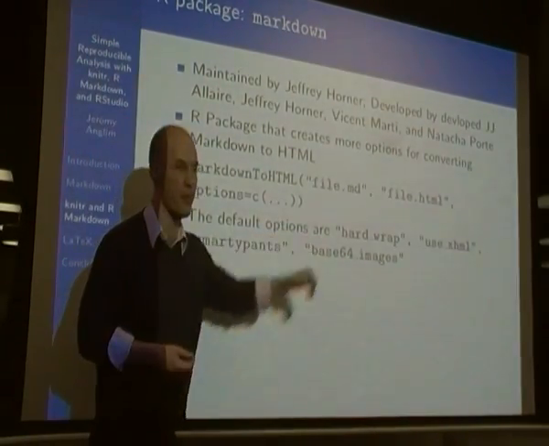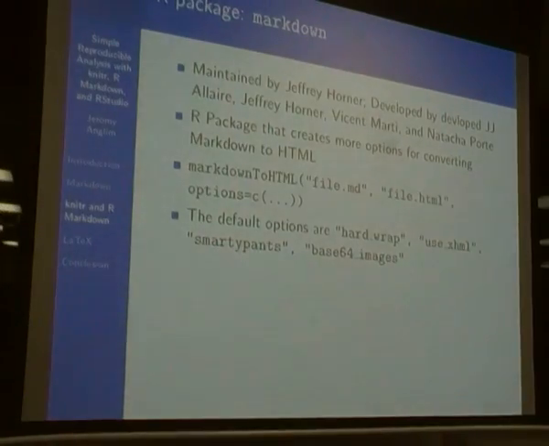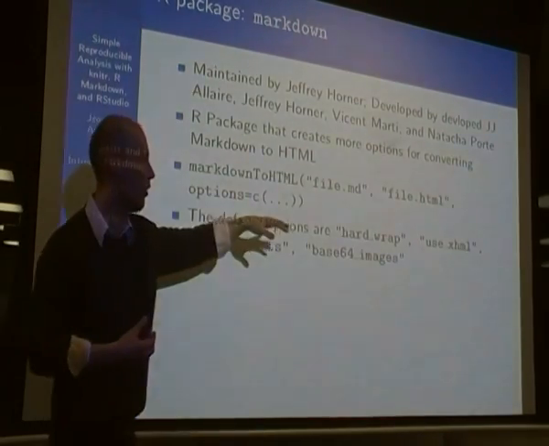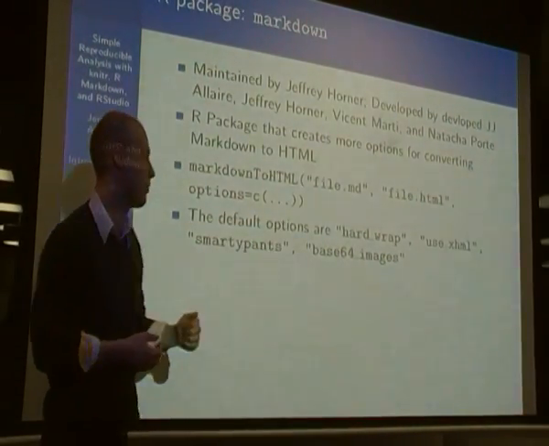So for example, hard wrap: every time you press enter in the default format and you go to a new line, it will present that as a new line. But if you're used to LaTeX where a single new line doesn't mean anything, and it's only 2 new lines that represents a new paragraph, then you'll probably find hard wrap annoying. So you can disable hard wrap.